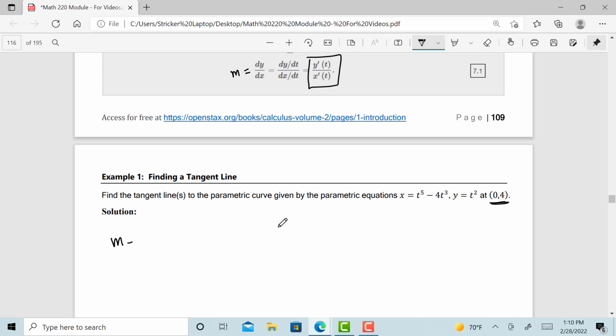We can find that by again taking y prime of t over x prime of t, like we just found on the previous page. y prime is pretty easy. That's just 2t, the derivative of t squared. And then x prime of t is going to be 5t to the 4th minus 12t squared.